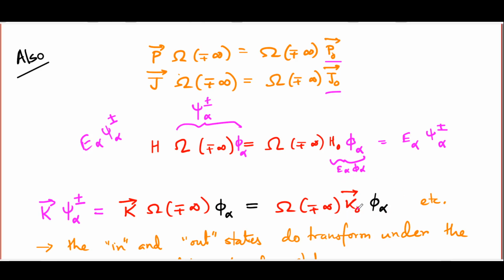And what this relation tells us is that K0 acts on phi alpha to produce some combination of free particle states, and then omega acts on that to produce the same combination of the in and out states. So, whatever combination K0 acting on phi alpha produces, the same combination of in and out states is produced by K acting on psi plus minus alpha. We can of course make similar statements about the action of the other Poincare generators P, J and H, and as a result the in and out states do transform under the Poincare group like the free states.